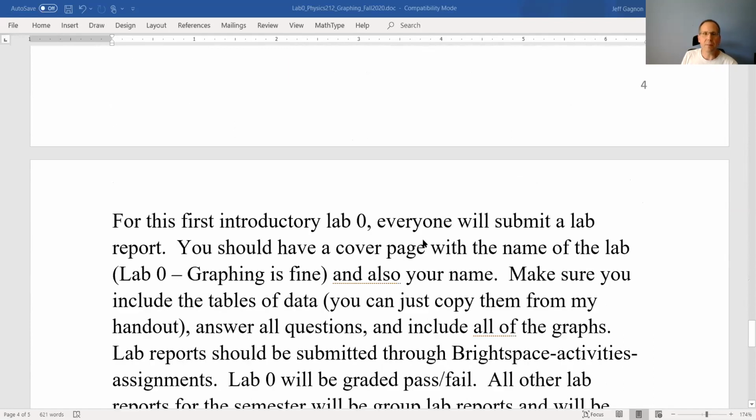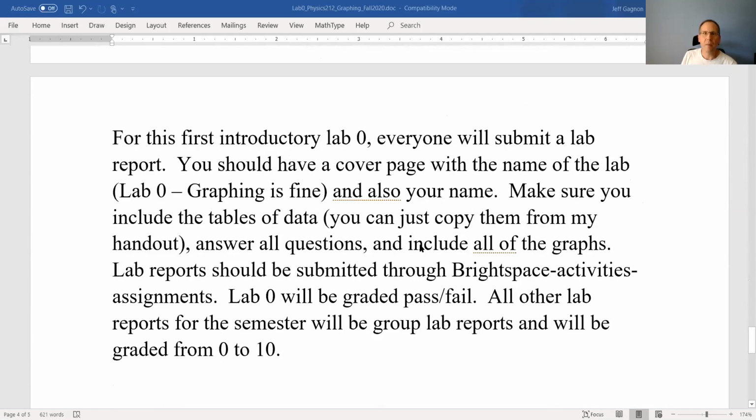And then any graphs that you have, remember you want to copy those and paste those as well into your lab report. Make sure you answer all the questions, right? Some of them require a sentence or 2, so make sure you do that. And then when you submit them, they're going to be submitted through Brightspace.